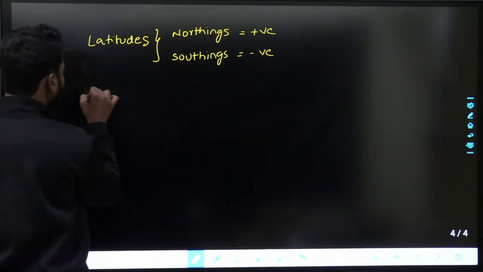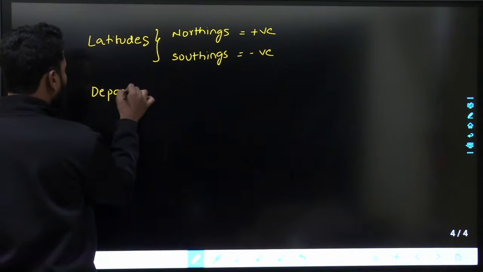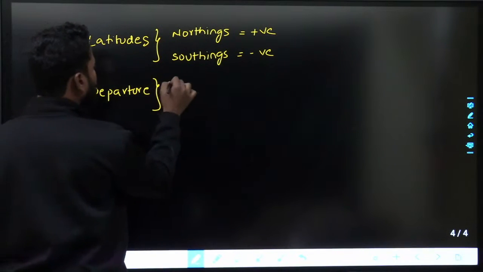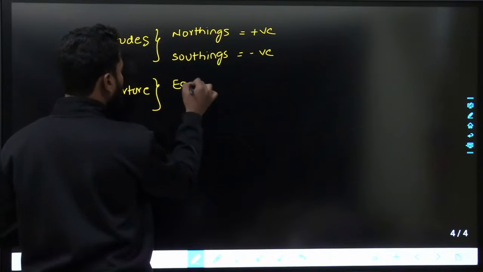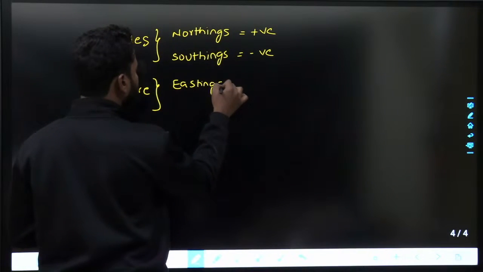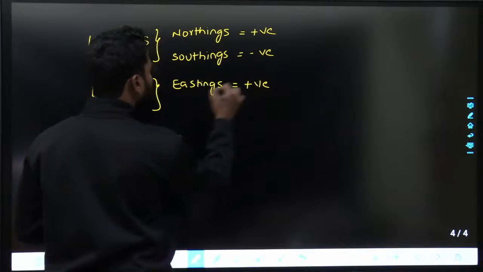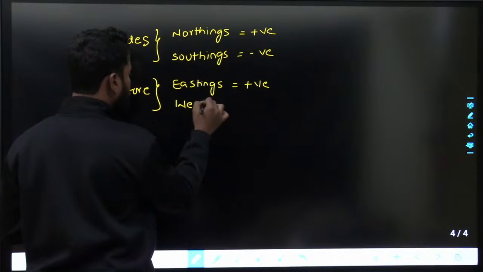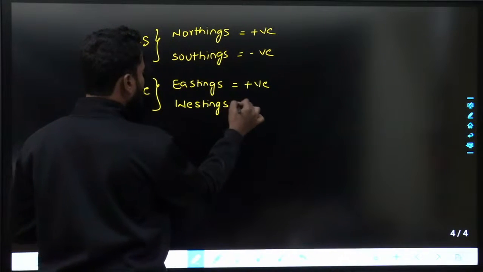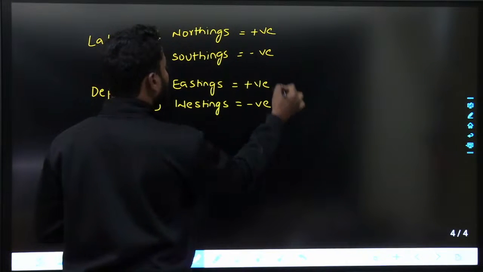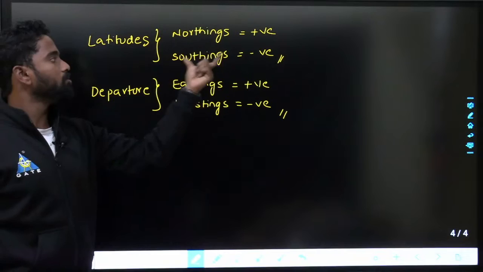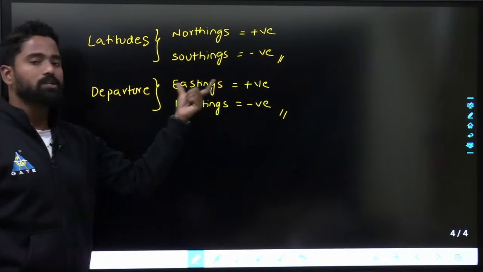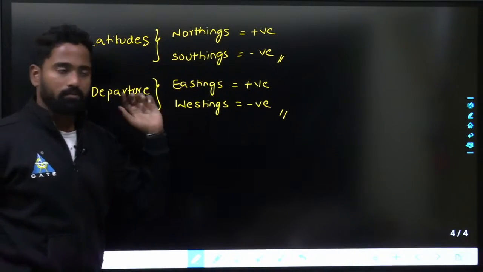For departure, eastings is positive, westings is negative. Eastings is positive, westings is negative. For latitudes northing is positive, southing is negative. For departure easting is positive, westings are negative. That is what it means.